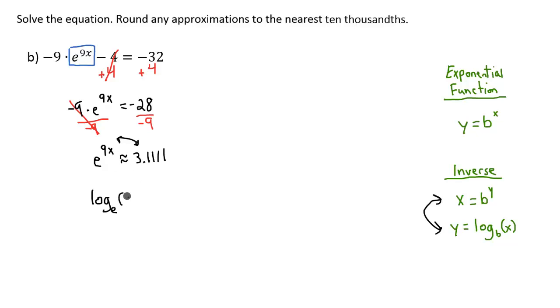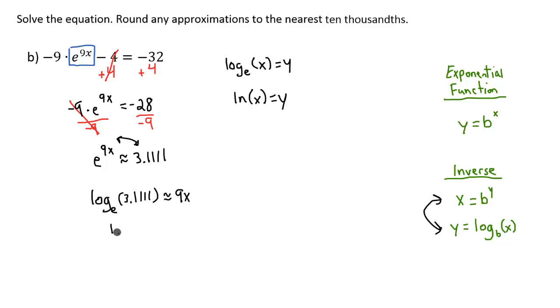So in parentheses, we're going to have 3.1111, which is approximately 9x, and I could solve from there. So we could evaluate log base e of 3.1111 in our calculator, or we could apply natural log. Remember that log base e of x equals y, and that's the same thing as natural log of x. That would also equal y.